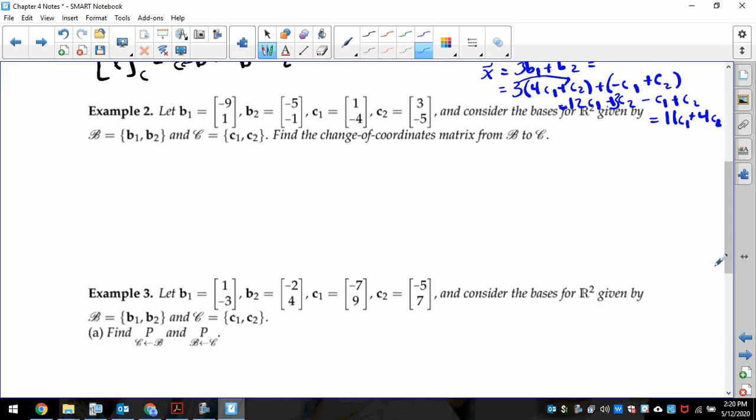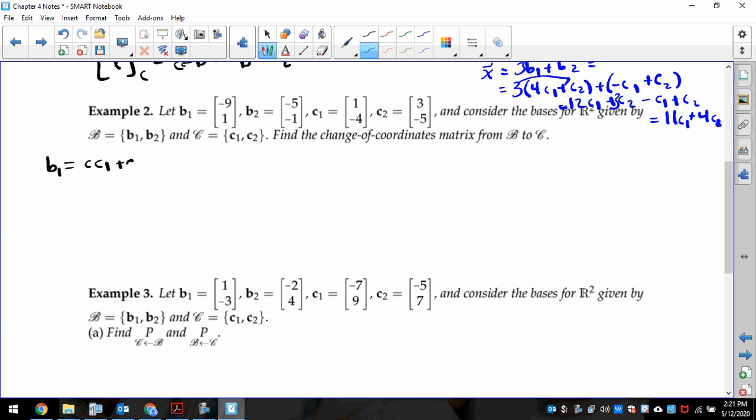So let's try another one. Let's get down to earth a little bit. Let's do one that's concrete here. They say find the change of basis matrix. So what we want to do is find the C coordinates of B1. What letters do I want to use? I could use C and D. C is a little awkward to use here.